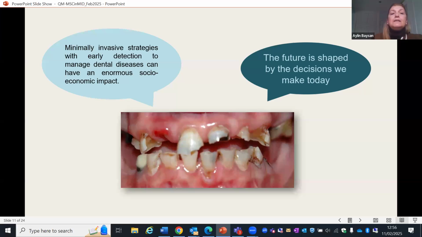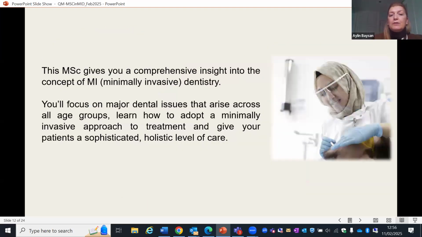Early detection and management strategies can have an enormous socioeconomic impact in all countries, and we need that, isn't it? The resources are getting smaller and smaller, minimal, so we need to have some socioeconomic impact in our dental treatment.